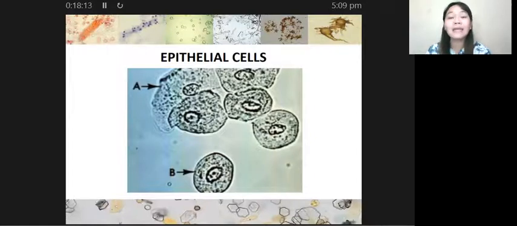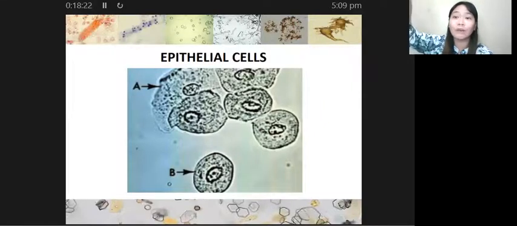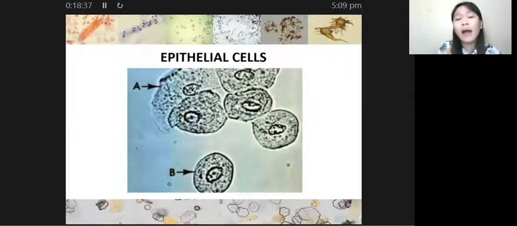Okay, so again, saan nag-o-originate ang ating transitional epithelial cells? So they originate mula sa pelvis, actually mula sa calyces natin, and then up to the upper urethra. Okay, so that portion of your urinary tract, it is lined by your transitional epithelium.